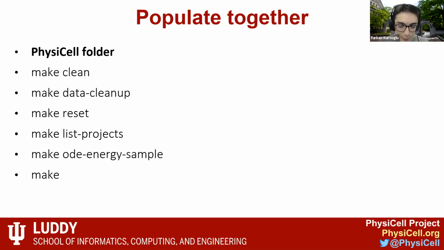Make projects shows how many projects we have and their names, and make all the energy sample will populate the LibRoadrunner sample project, the only supported LibRoadrunner project. Then make will compile, and if you didn't install it before, it will install LibRoadrunner for you.